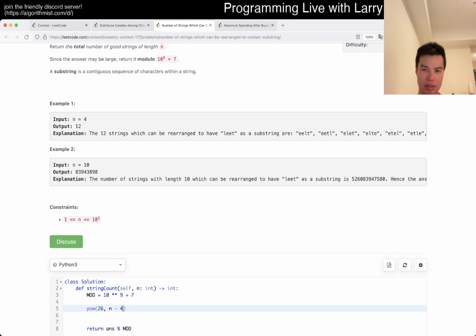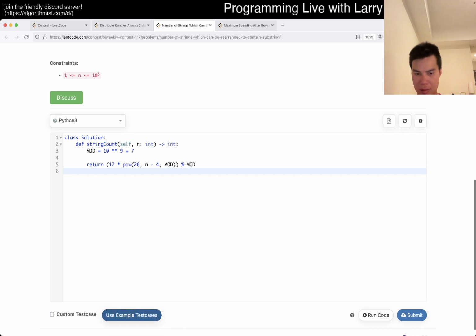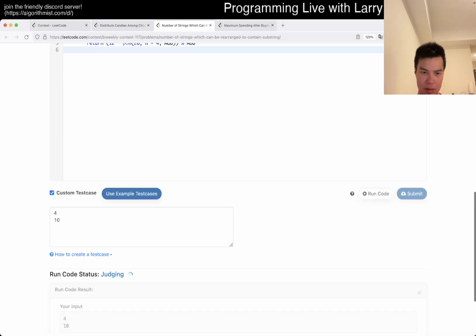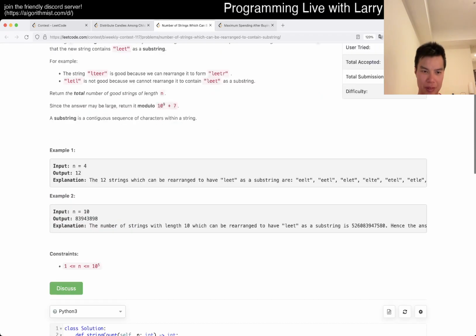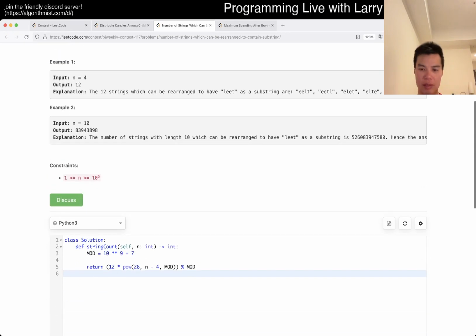Because all the other characters don't matter, right? Is that it? Nope. Maybe all the characters do matter, or at least not in the way that I'm doing it.